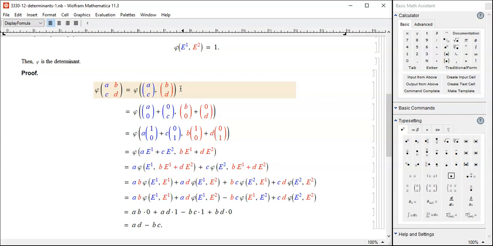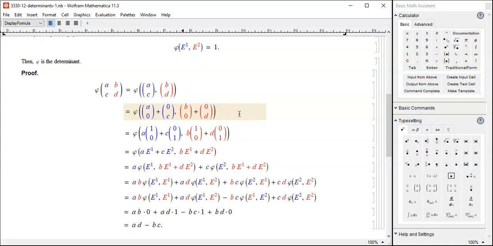So far so good. Next, here's some weird step. Let's decompose this column vector into two column vectors, A0 and 0C. And then do the same thing to the right. Why are we doing this?